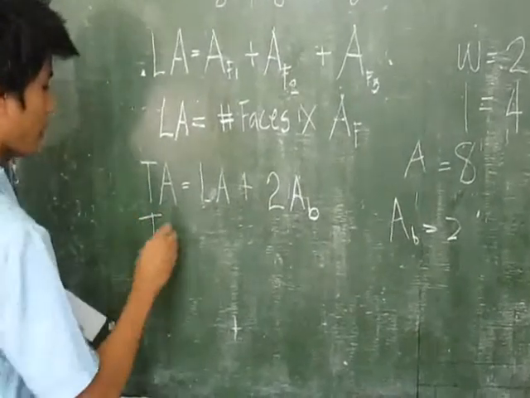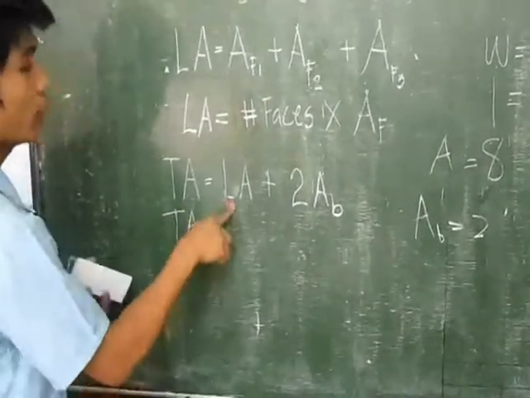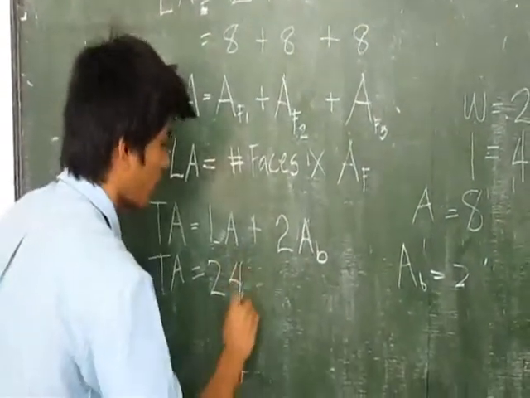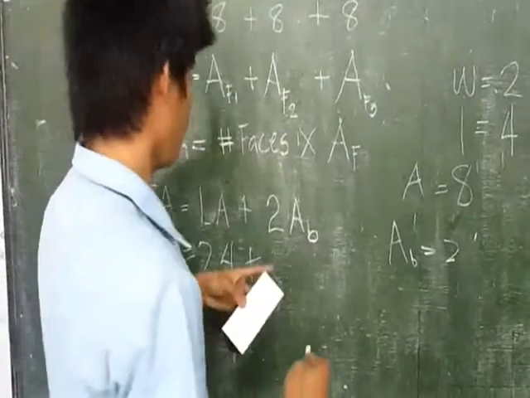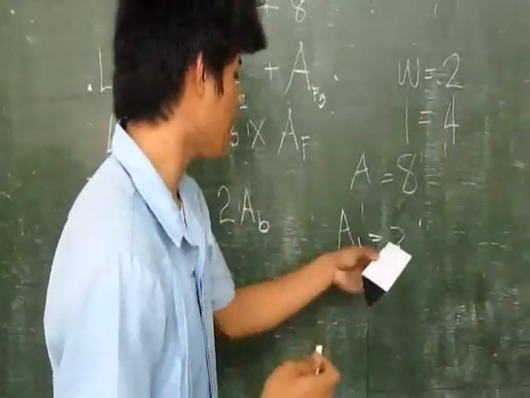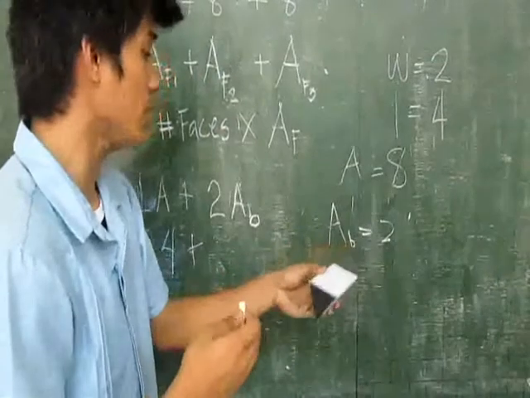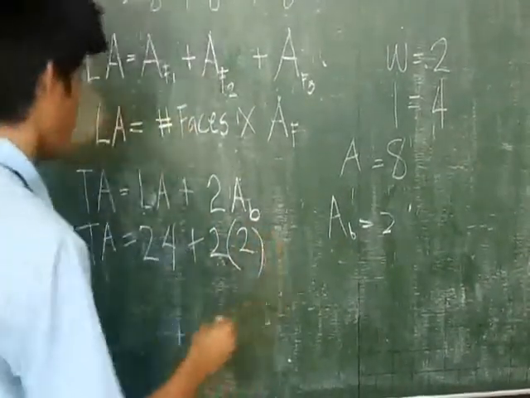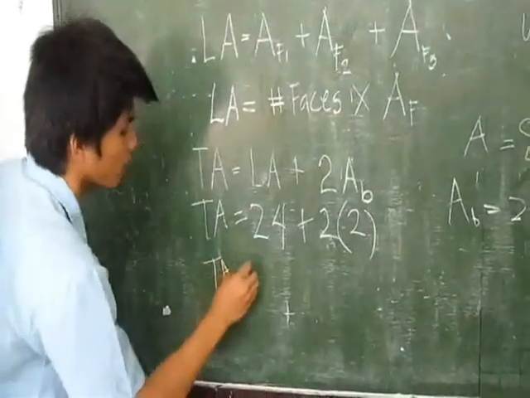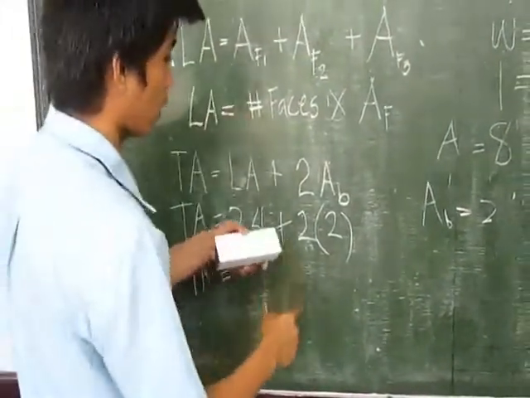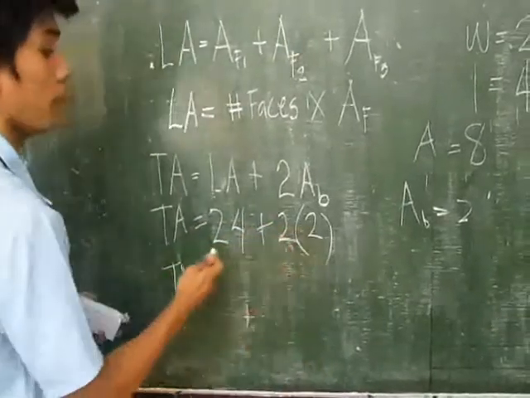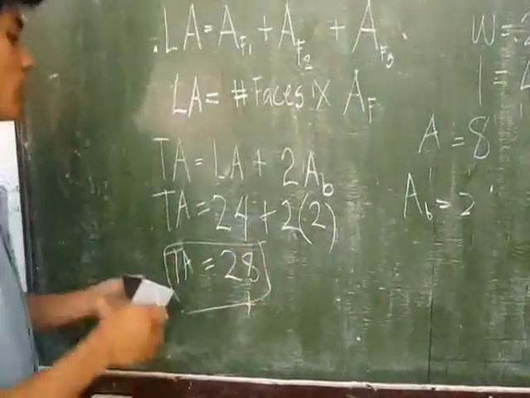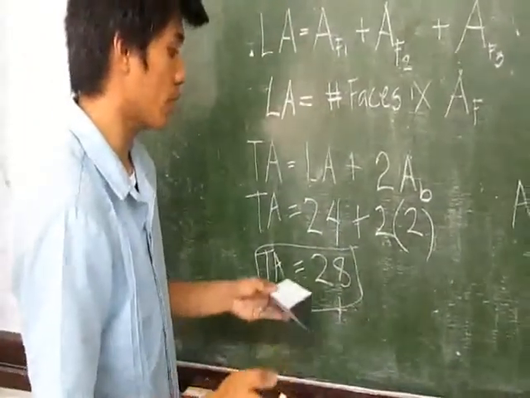So the total area is equal to the lateral area, which is 24, plus, since the area of our base is 2, 2 times 2. Then the total area is 24 plus 2 times 2 is 4, so 4 plus 24 is 28. Therefore, the total area of this triangular prism is 28.